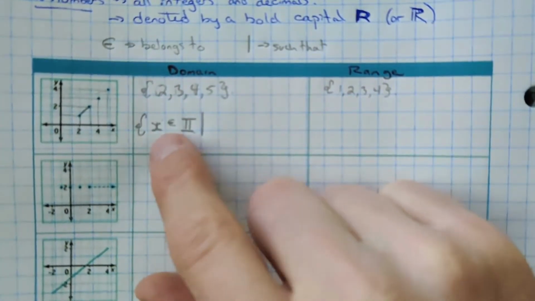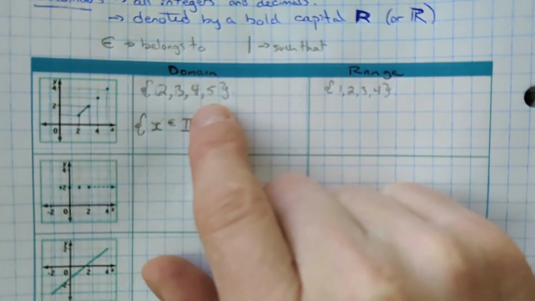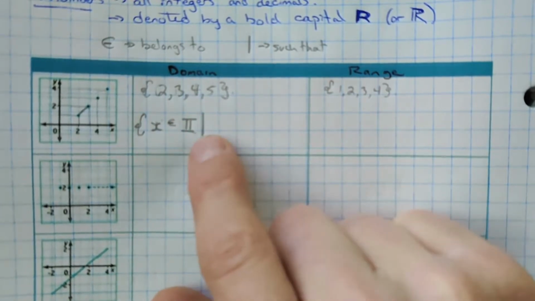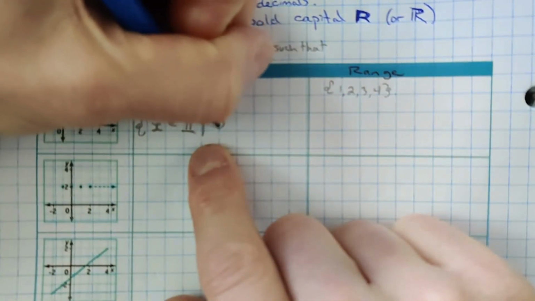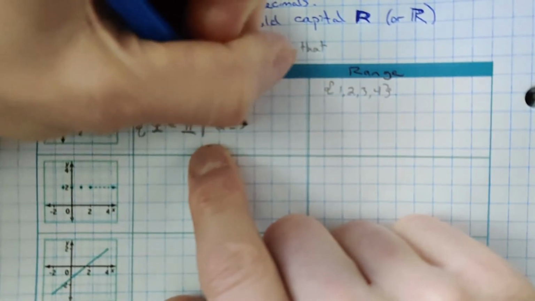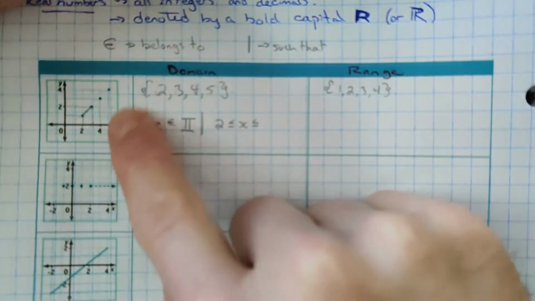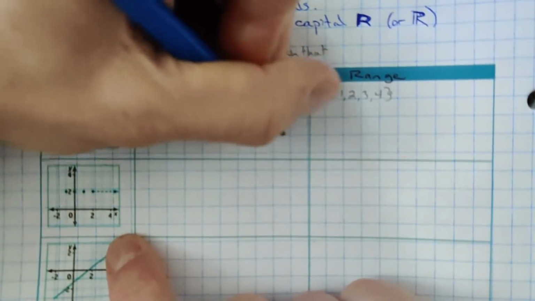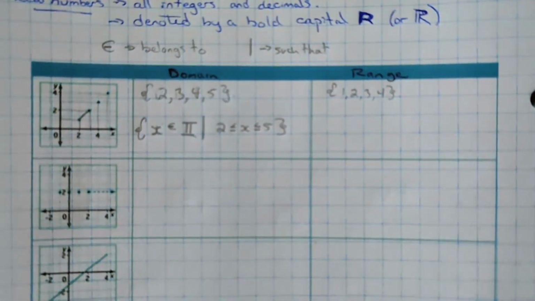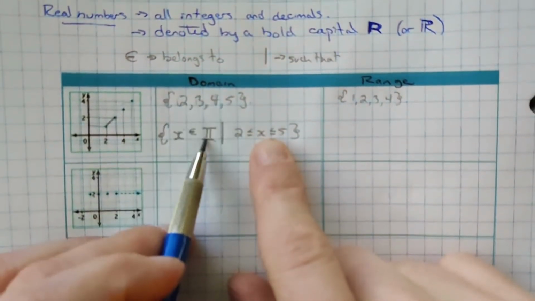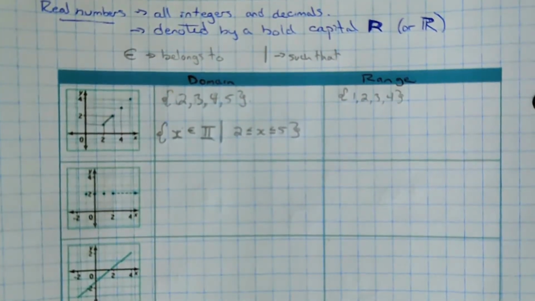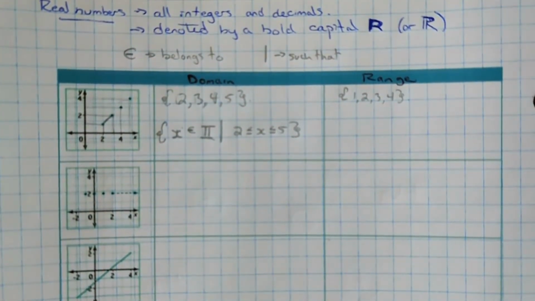So x belongs to the integers, so it just tells us x is a bunch of integer numbers. Now, this notation is probably a little longer to write in this case, but depending on how many you have, it could be a lot easier. We'll see that in a couple of the later examples.